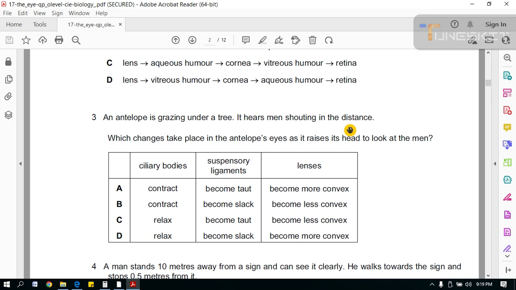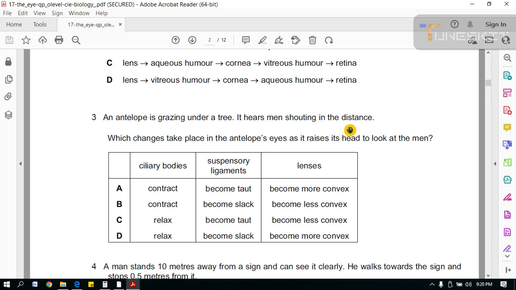Ciliary muscles or ciliary bodies relax. That's why whenever you see things at a distance, your eyes become relaxed, because ciliary muscles are relaxed. When we see a computer or cell phone for a long time, our eyes become tired just because the ciliary bodies are contracted for a longer time.